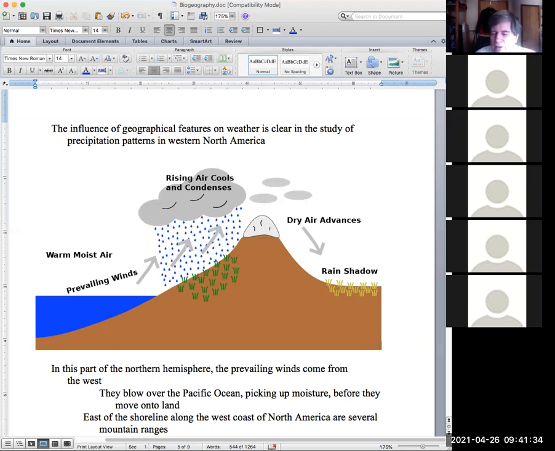So if we look at some of the effects of this, if you look at the Western United States and you look on the western slopes of some of those mountain ranges, in Washington and parts of Oregon, this is where we have what's sometimes called the temperate rainforest.